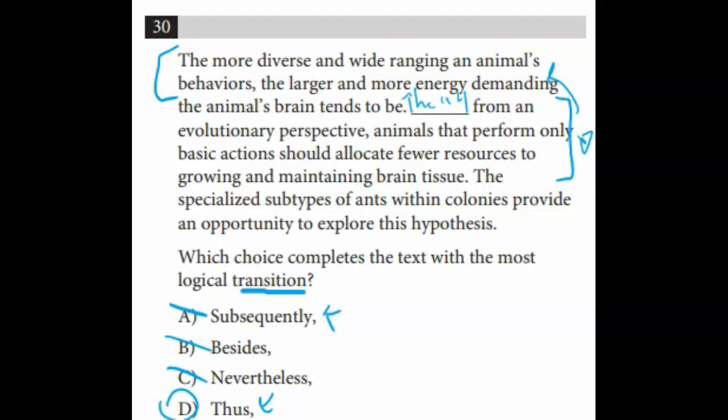There's a cause and effect here, and that's why thus is the best answer. None of the rest of these imply a cause and effect, just more, or I guess nevertheless does, but that's for a negative one. But D is the correct answer for 30. That's what I'm trying to get at.